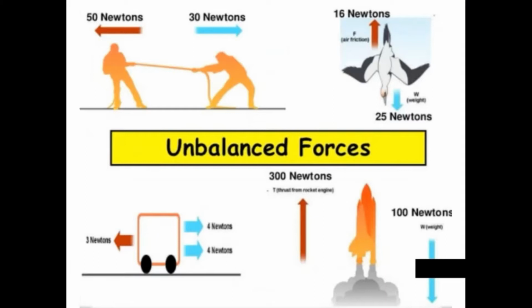And a small image of a vehicle's movement and the motion of a rocket. All of these images show different Newtons in upward and downward or opposite directions. So an unbalanced force is discussed in all of these images.